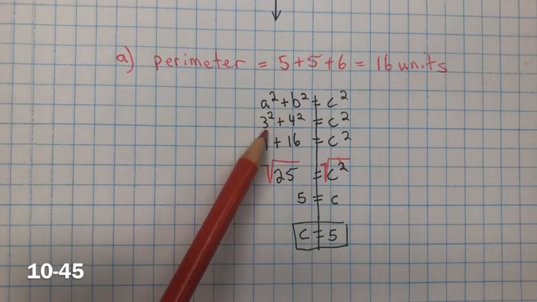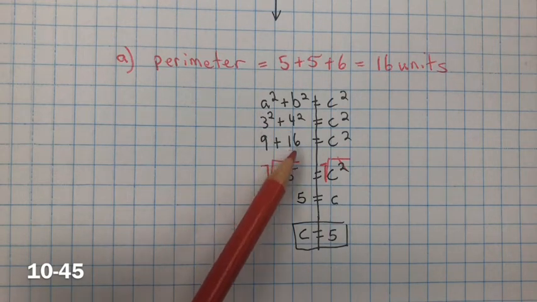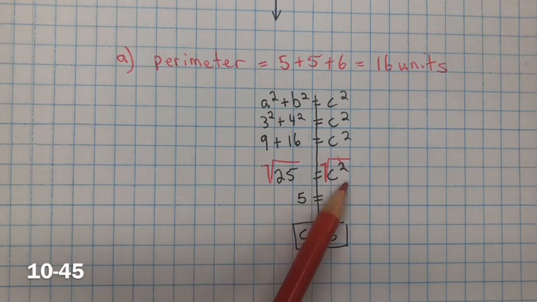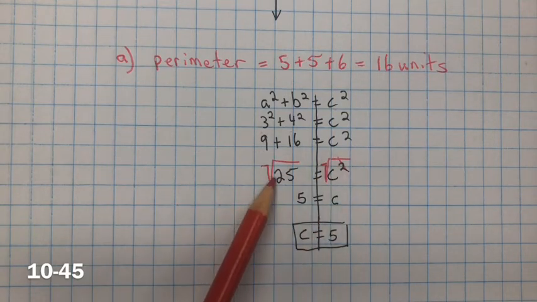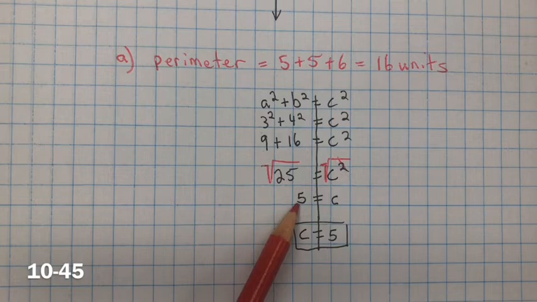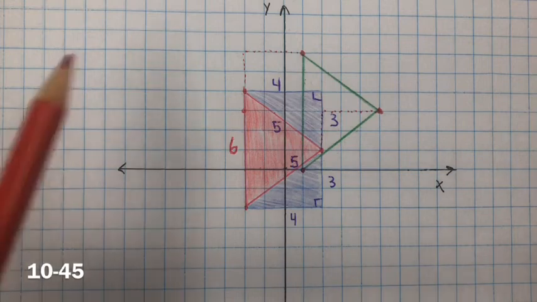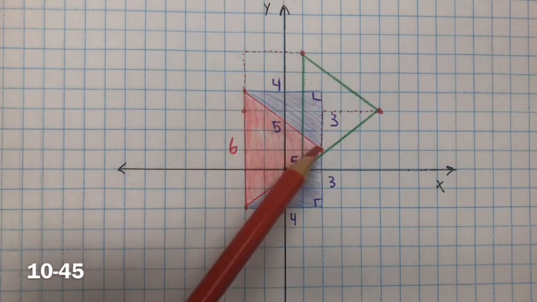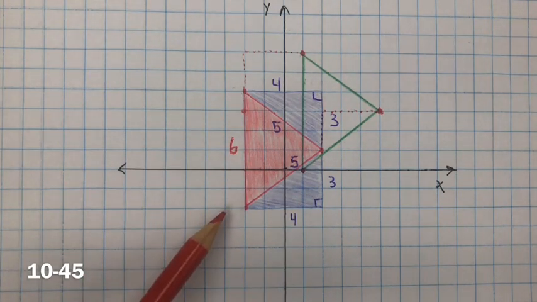And the two legs were 3 and 4, so 3 squared is 9, 4 squared is 16, 9 plus 16 is 25 equals c squared. The inverse property of squaring is taking the square root, and those cancel out, and the square root of 25 is 5, so c equals 5. So now that I know this, the length of these are 5, 5 plus 5 is 10, plus 6 equals 16 units.